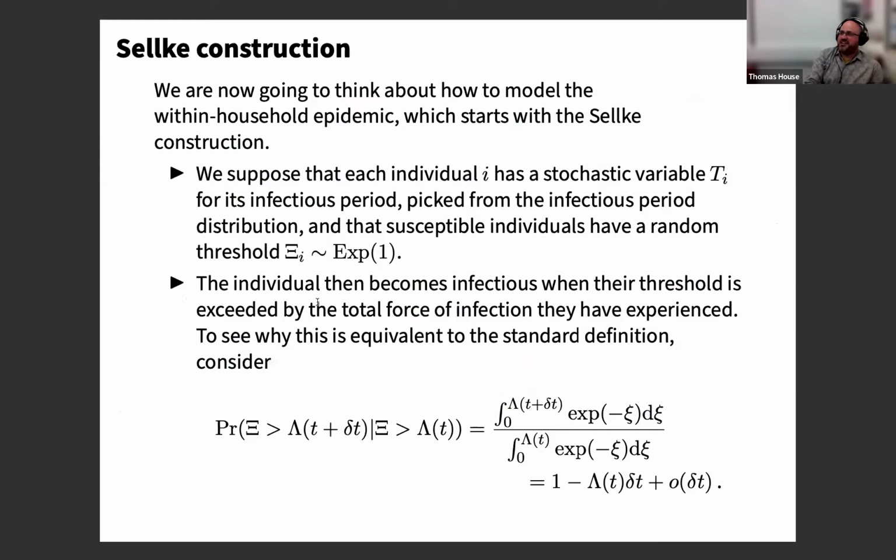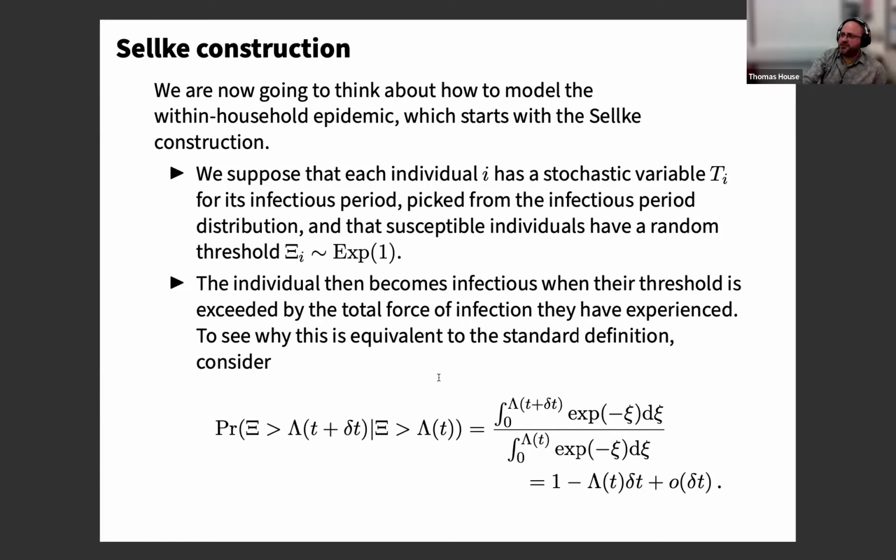So very quickly, the ball type equations come from this thing called the Sellke construction. Basically, for each individual, you pick how long they're going to be infected for, then you pick an exponential 1 threshold for the cumulative force of infection at which they're going to become infectious, right?